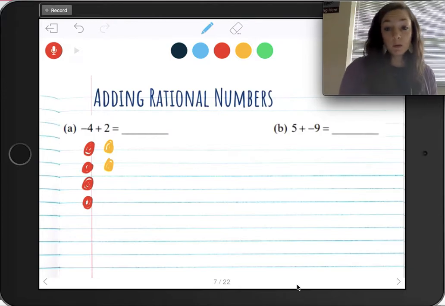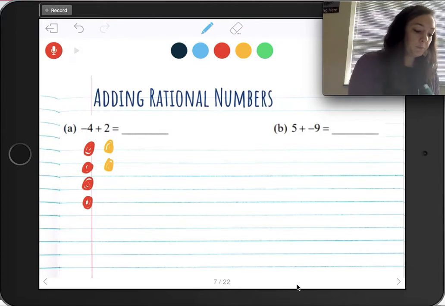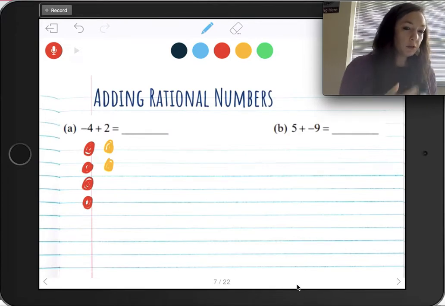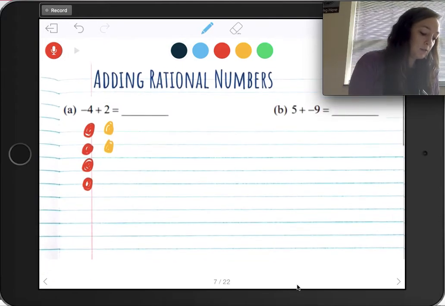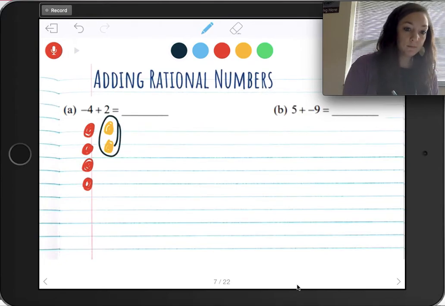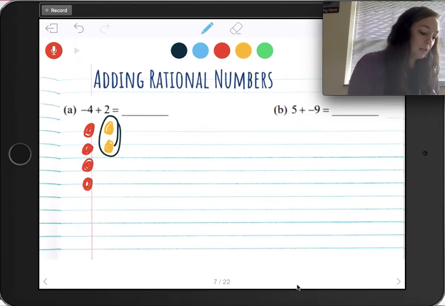Okay, here's where we use our 0 pairs. How many positives do I have? I have 2. How many negatives? I've got 4, but I want to get rid of these positives and see how many negatives I have left.